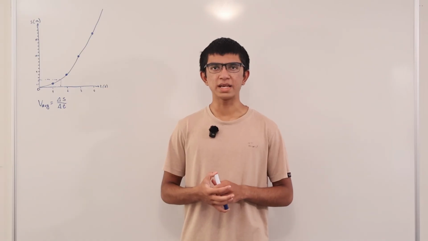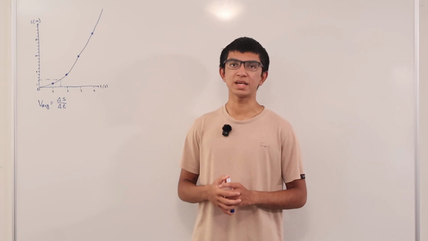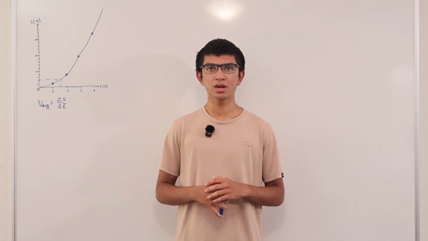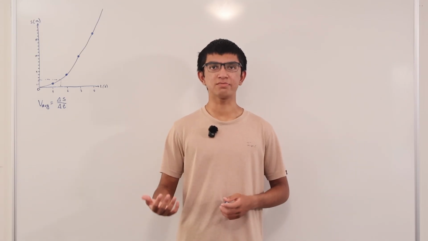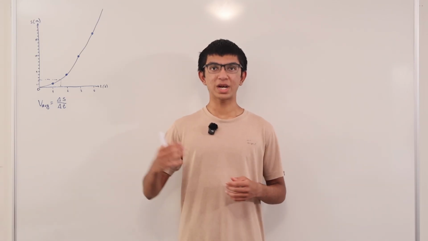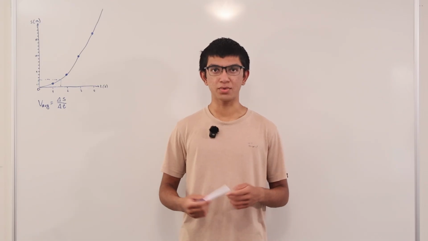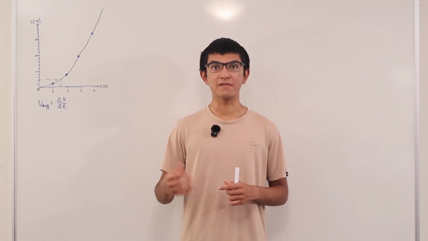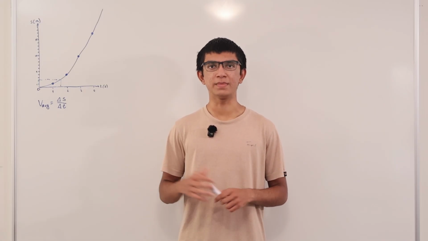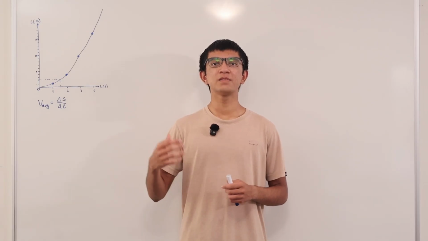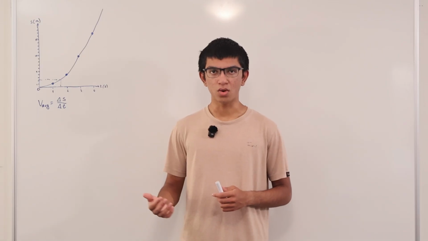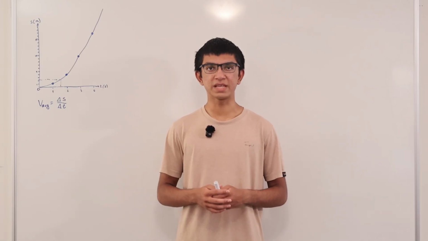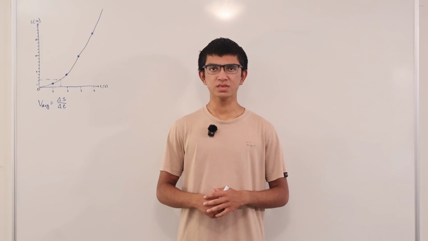There is also another type of velocity called instantaneous velocity. You can think of the difference between average and instantaneous velocity like this. If I travel 60 kilometers in a time of 1 hour, my velocity would be 60 kilometers per hour. But I could have been on a freeway where the speed limit is 100 kilometers per hour, or in a school zone where the speed limit is 40 kilometers per hour.